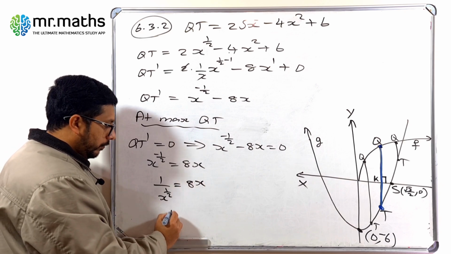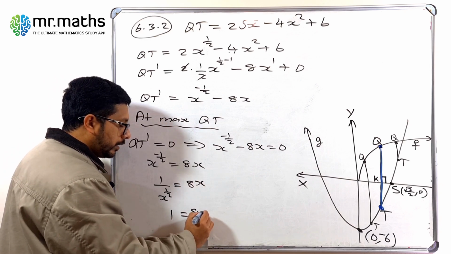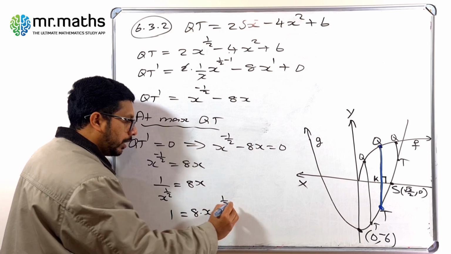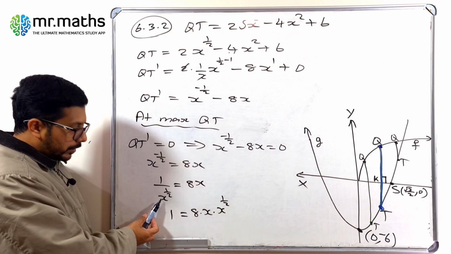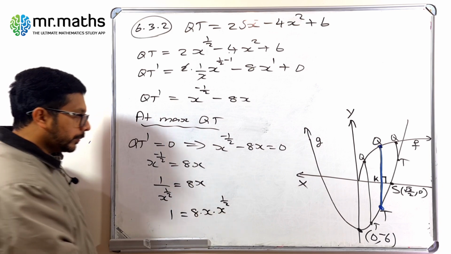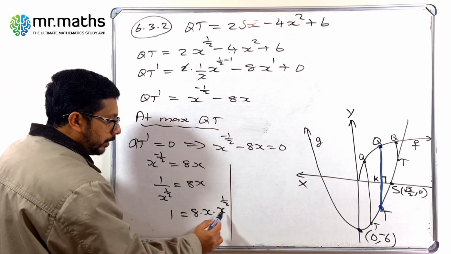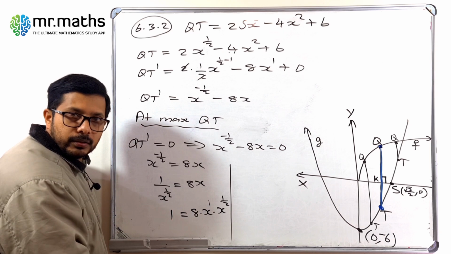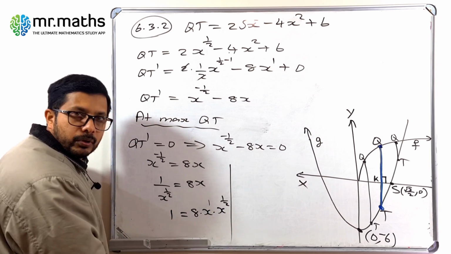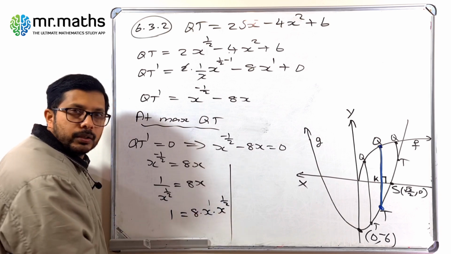So it is 1 is equal to 8 into x raised to half. I cross multiply this denominator, multiply here. Okay, so now what is that one? X means it is 1. Do you remember the exponential rule? X raised to 1 into x raised to half. You are supposed to add this 1 and 1 by 2.